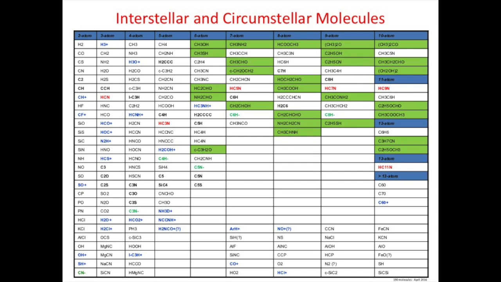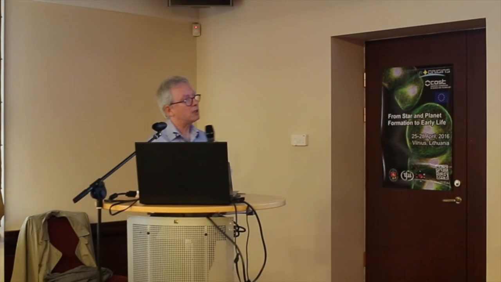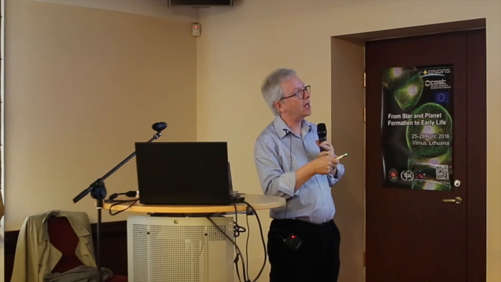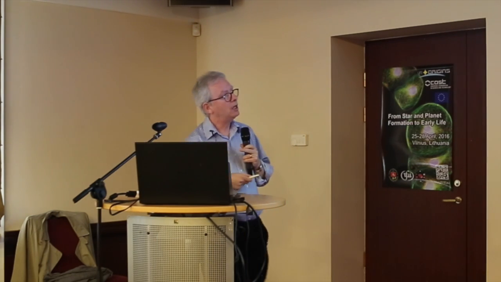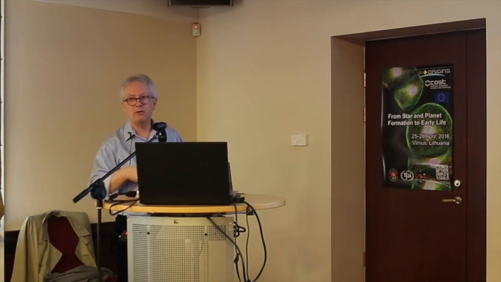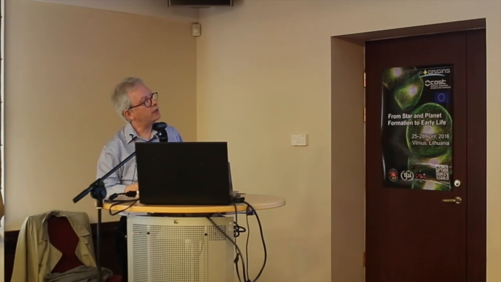The other thing to say is that many of these, as I showed in the earlier table on deuterated molecules, also have deuterium in them. This tells us that although we're seeing these molecules hot, perhaps 200 or 300 Kelvin in some cases, in some sources, the chemistry that causes the fractionation process in forming these molecules is a cold chemistry.